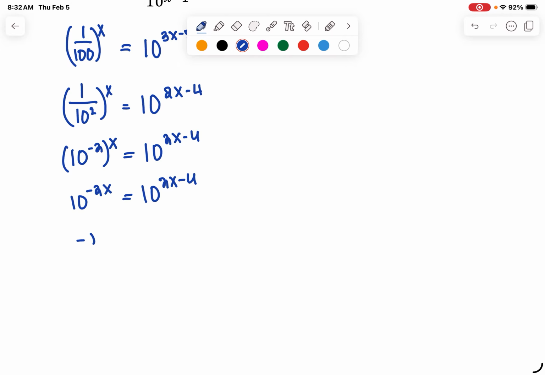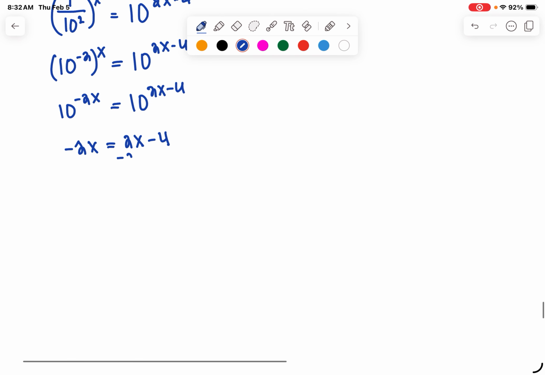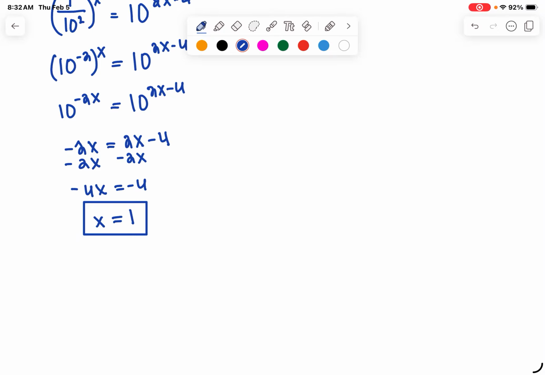Now I can set my exponents equal to each other. 2x is equal to 2x minus 4. Subtract 2x from both sides. Negative 4x is equal to negative 4, and x is equal to 1. How lovely. What a beautiful answer for such a complicated looking problem.